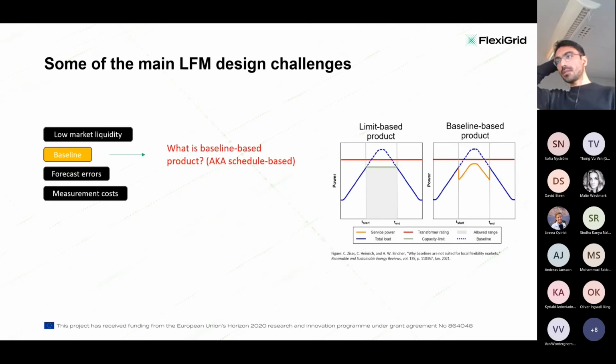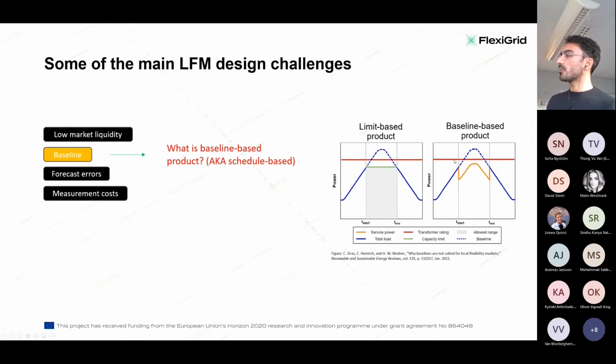The other challenge is baseline. You might have heard about this a lot, but what are baseline-based products? In the literature I have seen, flexibility products can be of two main types: baseline-based and limit-based. Baseline-based is also called schedule-based. A baseline is like a forecast of anticipated loading in the coming time period.